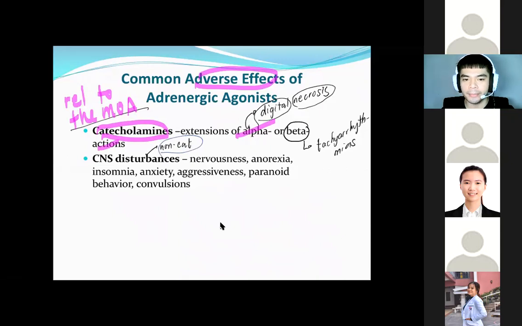Yes or no? Yes. Ang catecholamines, can they enter the brain? No. Very good. Kaya wala silang CNS disturbances. So it really makes sense. So for CNS disturbances caused by non-catecholamines, we have nervousness, anorexia, insomnia, anxiety, aggressiveness at times, paranoia, and convulsions.